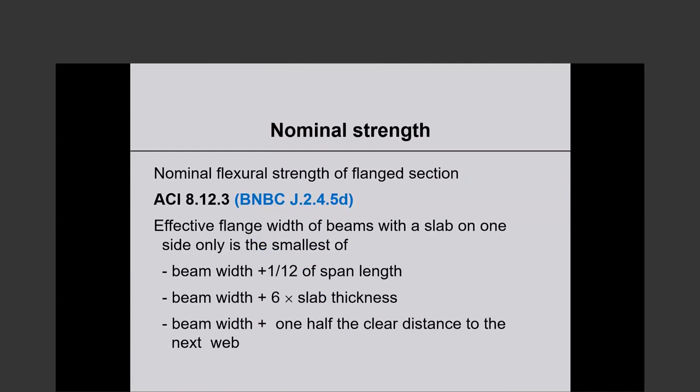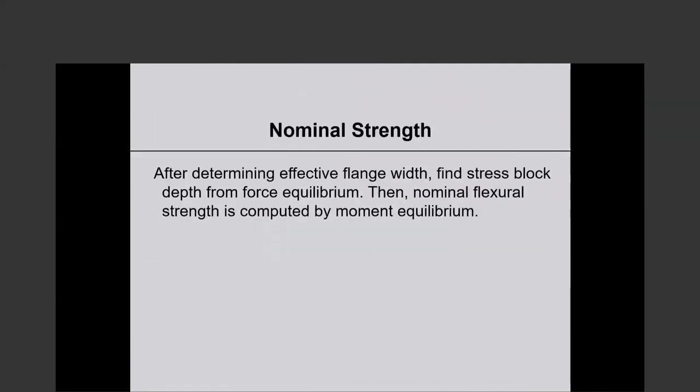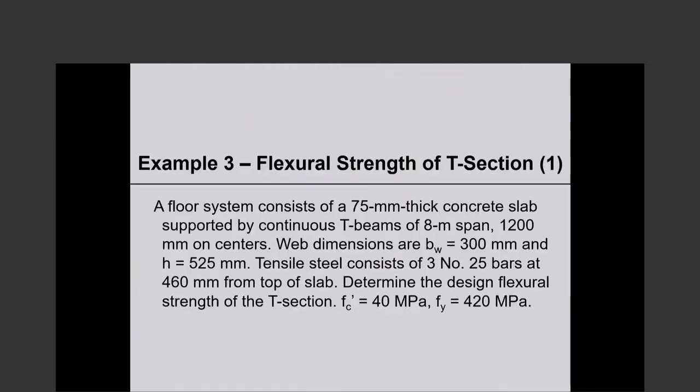And then beam width plus 1/2 the clear distance to the next web. That is no different from when you have flange on two sides. After determining effective flange width, find stress block depth from force equilibrium, then nominal flexural strength is computed by moment equilibrium. That part is no different.